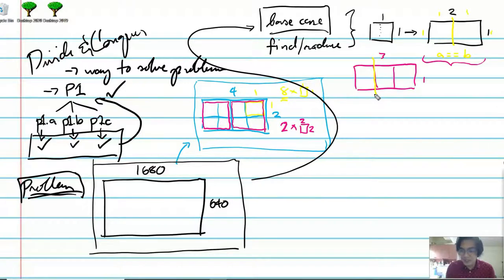And base cases have the property where when you are given the problem, one step would actually solve it already. For this particular example, putting a line in between the 2 by 1 landmass would already solve our problem for us. So that is the base case.